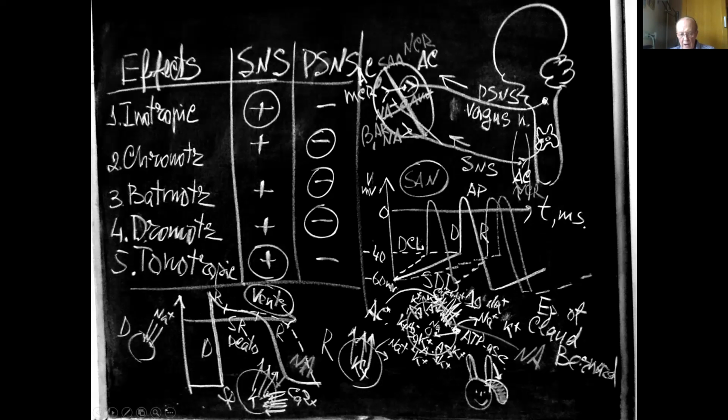The acetylcholine inhibits, you see, this is the cross on the arrows, which shows the permeation of the calcium and potassium ions.